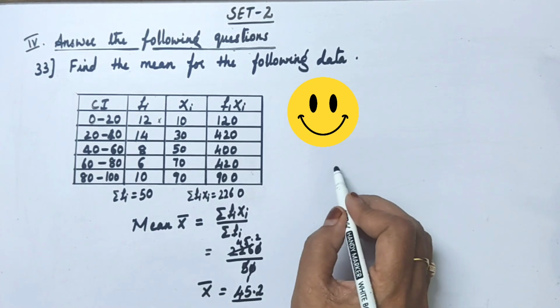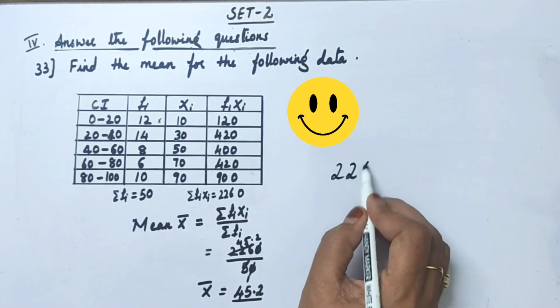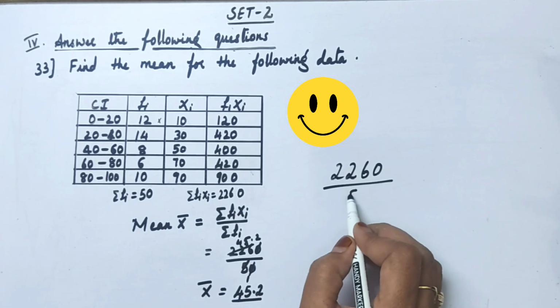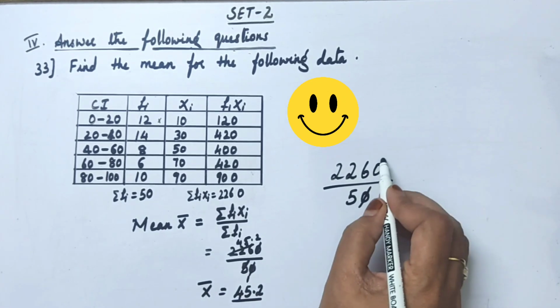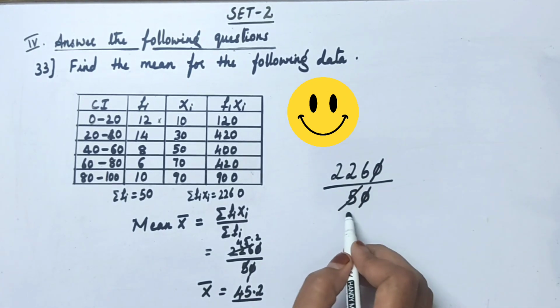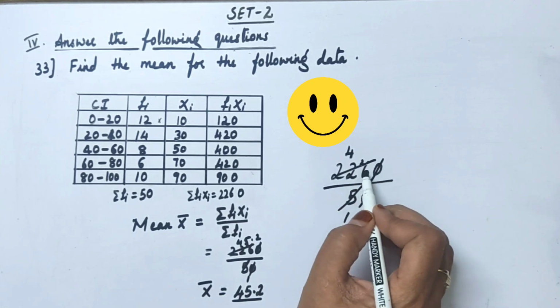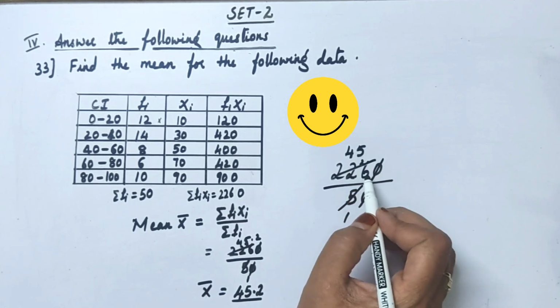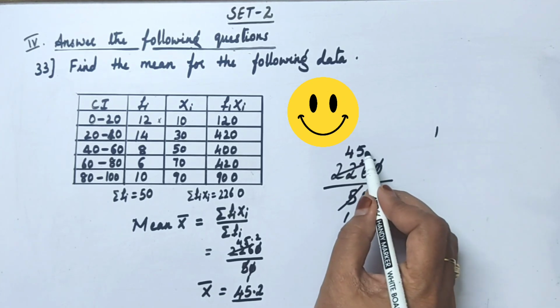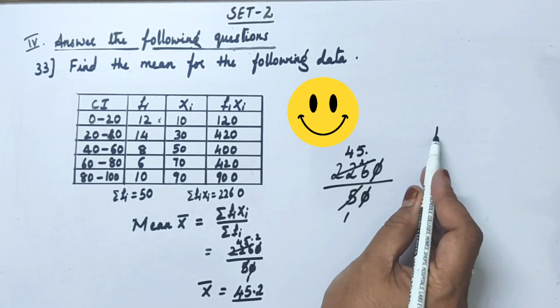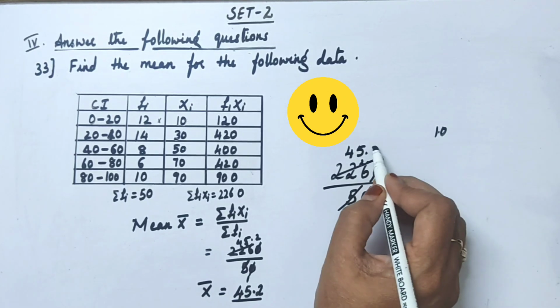Let me explain again. 2260 upon 50. Okay, 10 10 let us cancel. 5 ones are 5, 5 fours are 20, 2 remainder. 5 fives are 25, 1 remainder. If I keep a decimal there and a 0, I'm going to get 5 twos are 10.